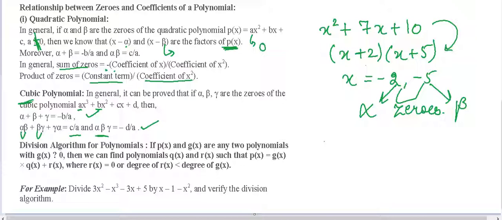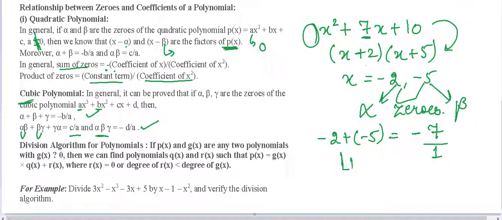Now what does this statement say? Sum of zeros is equal to minus the coefficient of x. The coefficient of x is 7, divided by the coefficient of x square, that is 1. See, this is your LHS and this is your RHS.